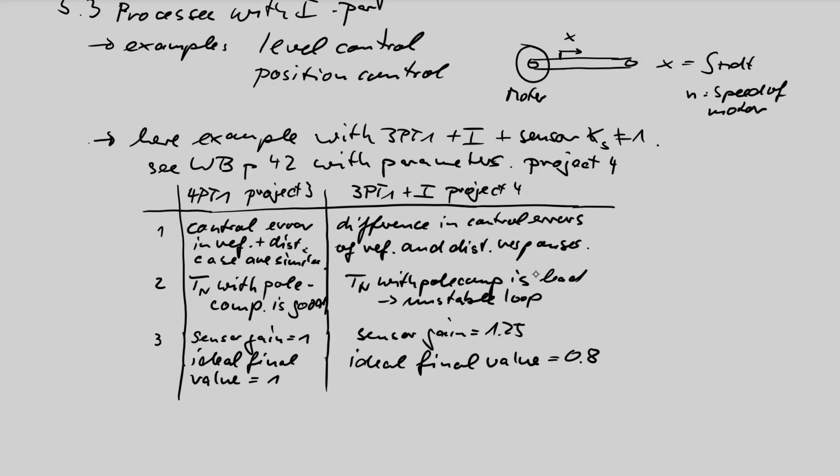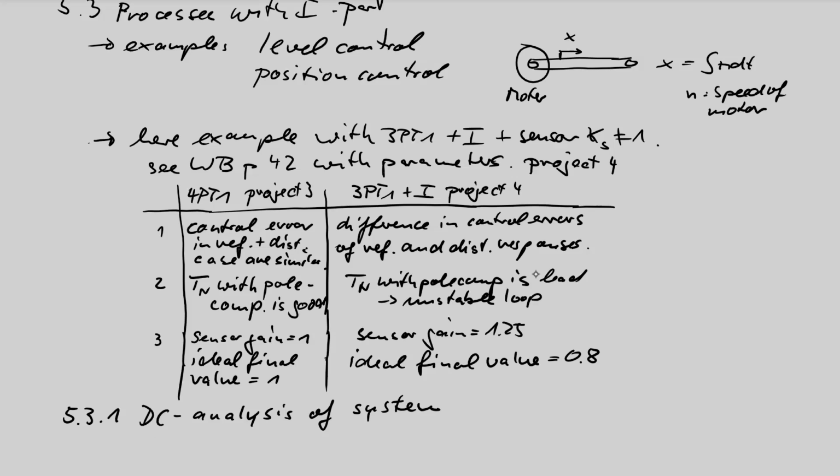So let's discuss these 3 points separately in subchapters. 5.3.1, some words to control error, and I get the control error with DC analysis. DC analysis of system.